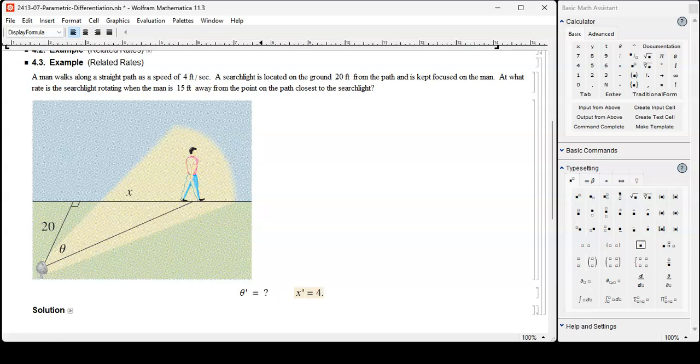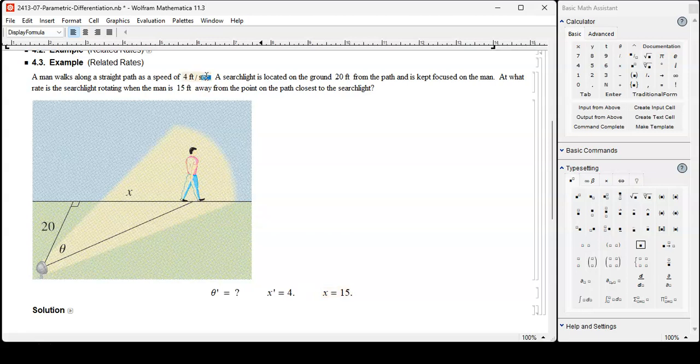So speed of 4 feet per second. And then what else? The searchlight is located on the ground 20 feet. That's already there. At what rate is the searchlight rotating when the man is 15 feet away from the point? Oh, the x value here is 15. Do you see that? Looks like that's the structure.